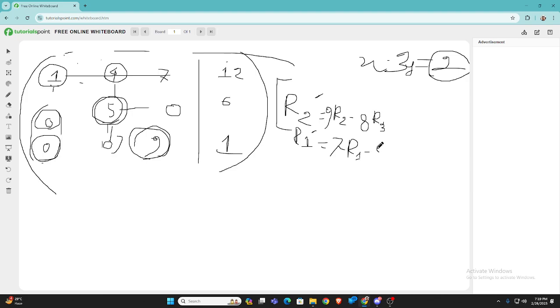Now you have to notice one thing. Oh no, my mistake a bit. Alright, sorry for that. So you have to notice one thing: you have to change these elements also. Yeah, these elements also you have to change, not just this one.